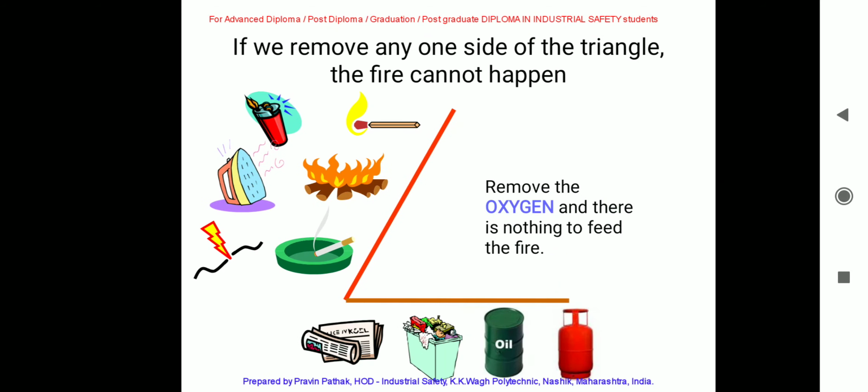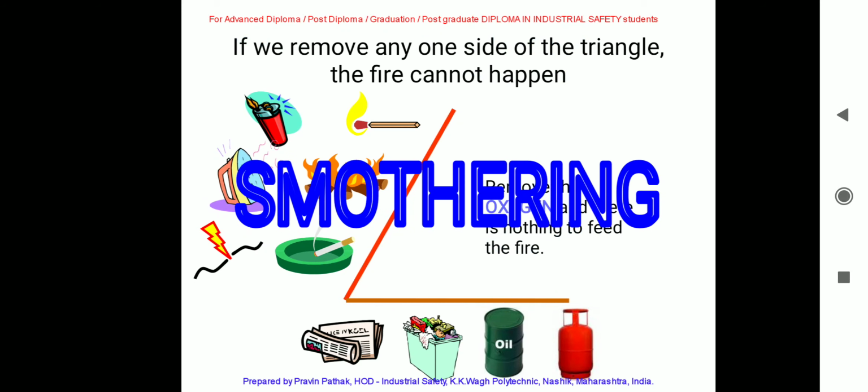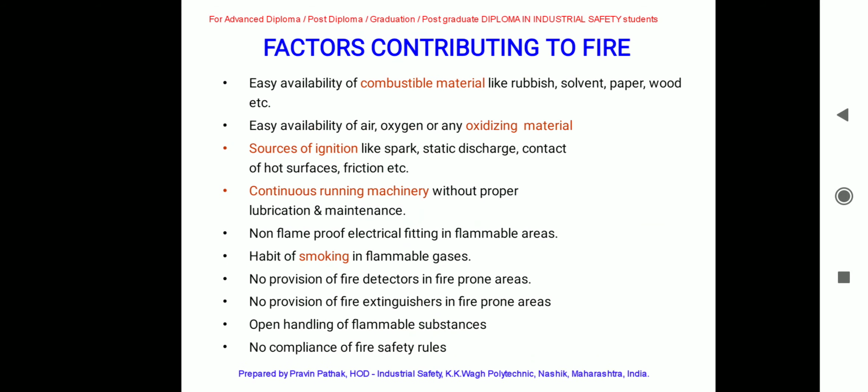And if we remove the side of oxygen, then it is called smothering. So fire can't happen due to the incompletion of the fire triangle. For fire, these three elements are a must, and in some cases a chain reaction may be there, so that fourth element is also a contributor to fire.